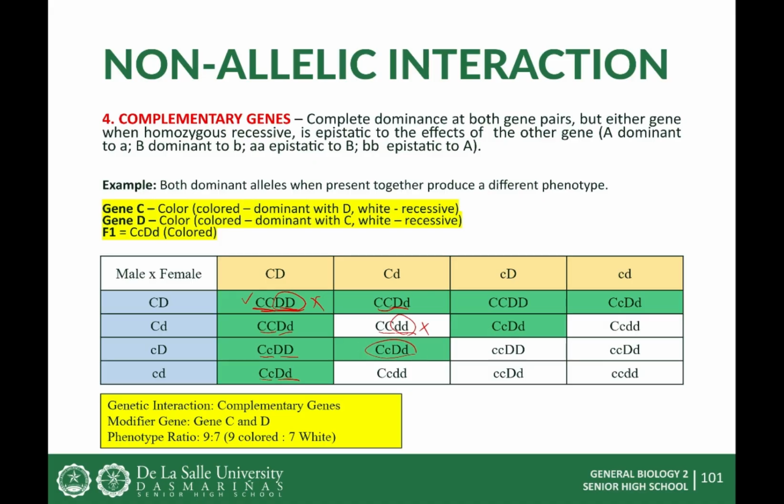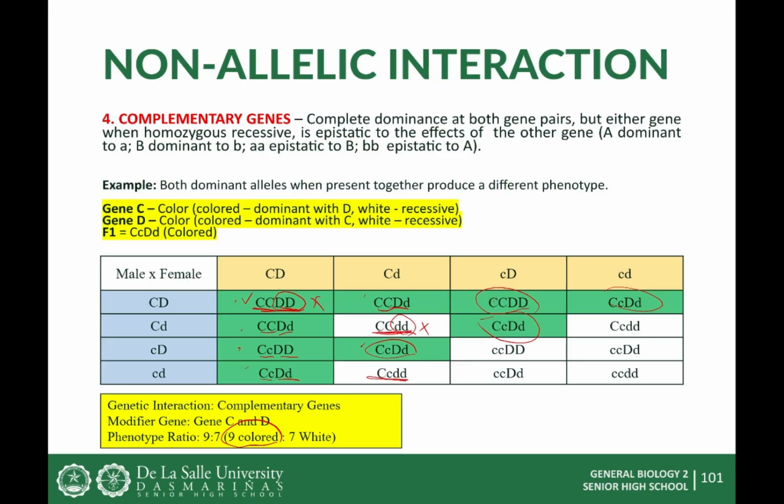This one is also a colored phenotype, colored. And when you count it, 1, 2, 3, 4, 5, 6, 7, 8, and 9. This will give us 9 colored. Now, the moment the other gene is recessive, then it will give us a white color.